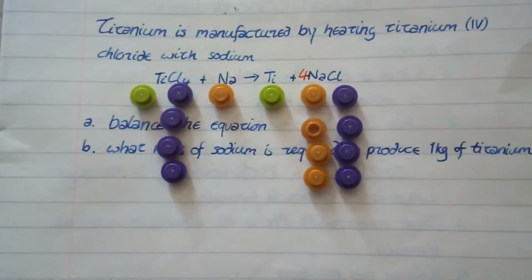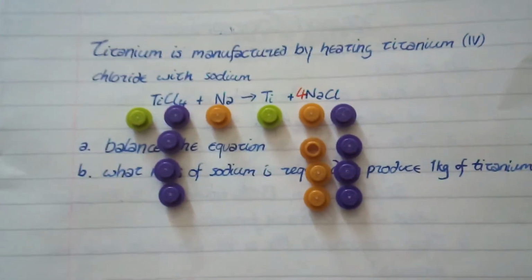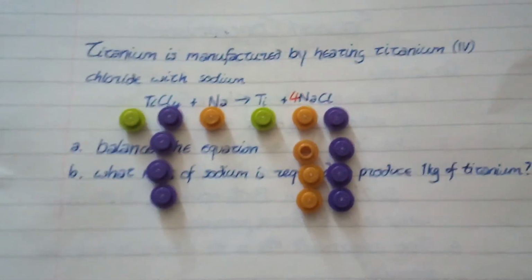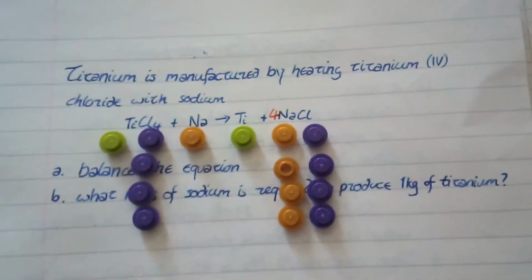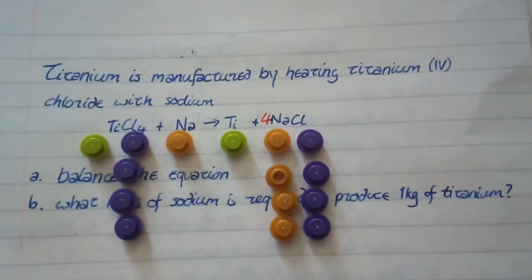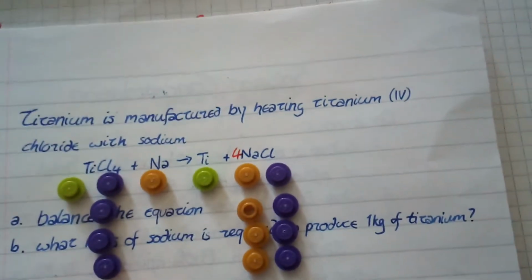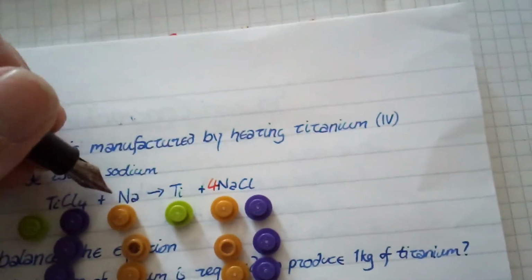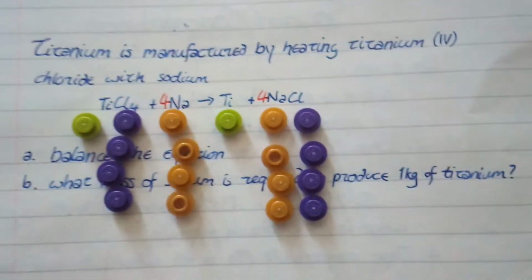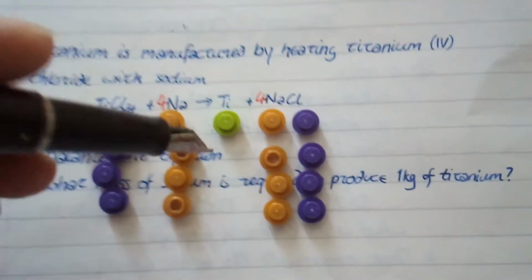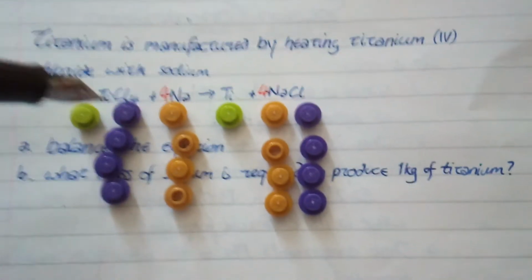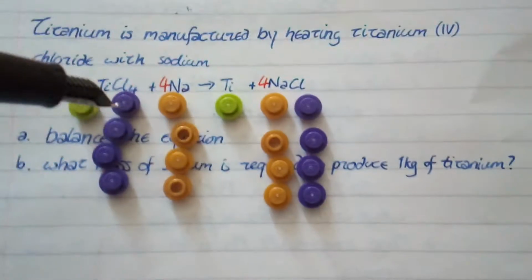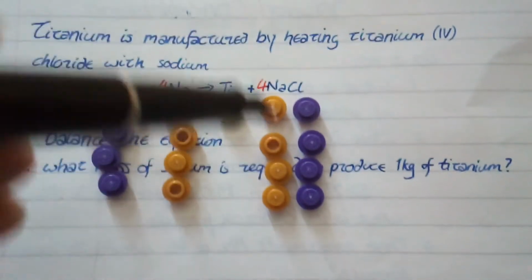What am I going to do to make my sodiums balance? I'm going to have to multiply that up as well. So here we go. We now have 4 sodiums. Let's see if that works. 1 titanium, 1 titanium. 4 chlorines, 4 chlorines. 4 sodiums, 4 sodiums. Balanced. Excellent.